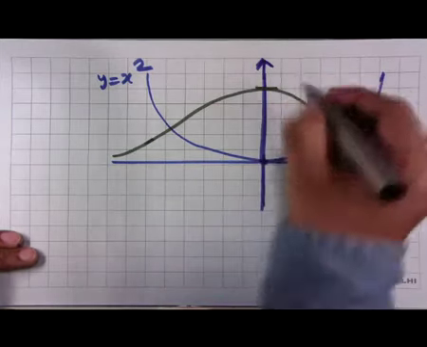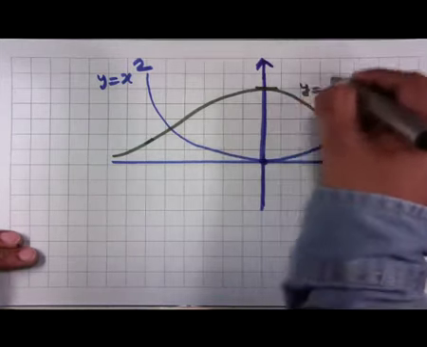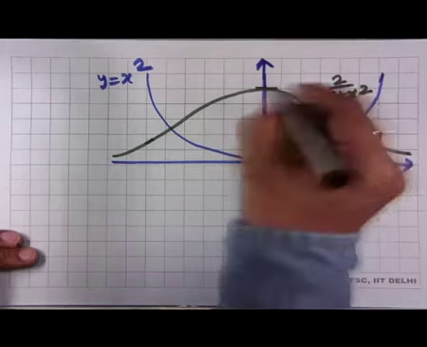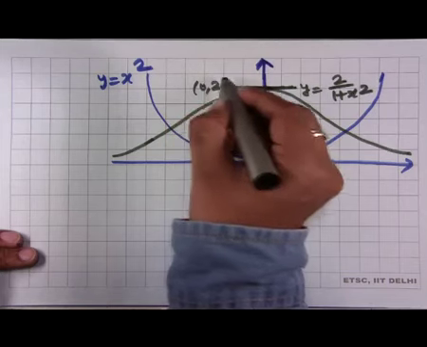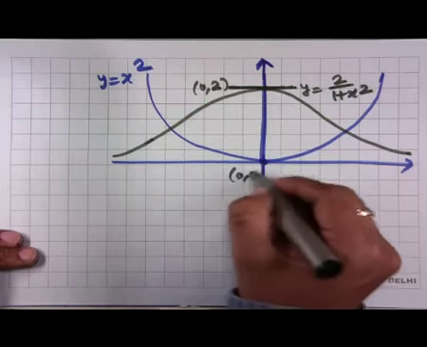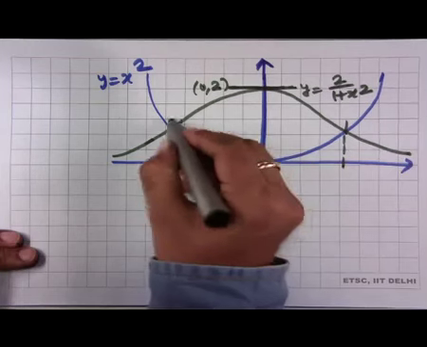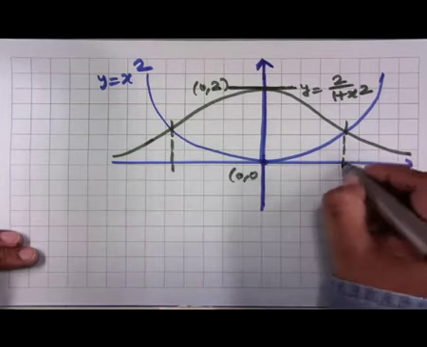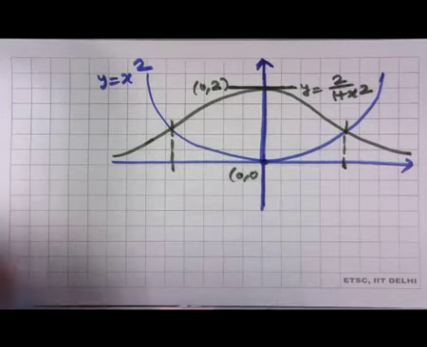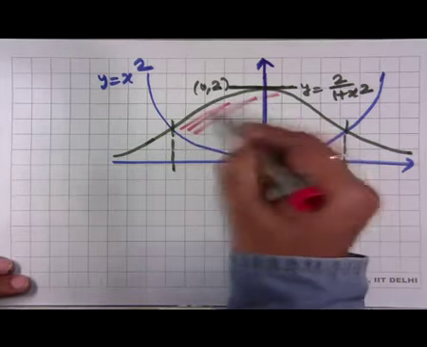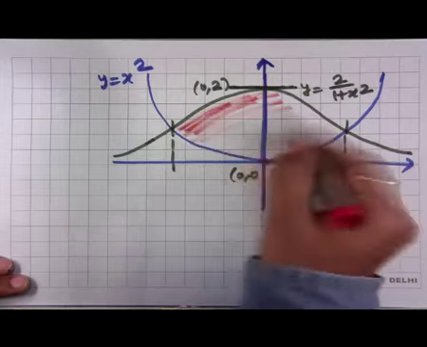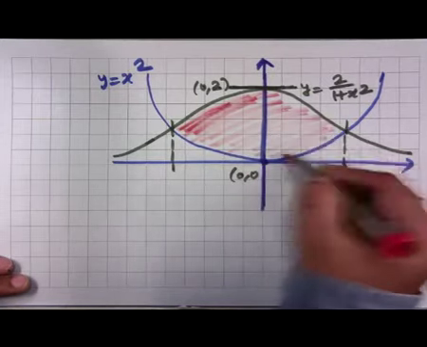This is your y equals 2 upon 1 plus x square. This point is 0 comma 2, and this is 0 0. We need to find out these points of intersection. So, the area that is required is shaded by red color. We want to find out the area bounded between both the curves.